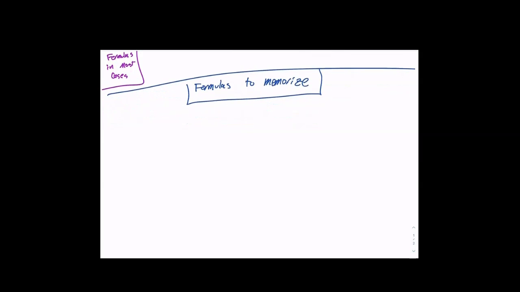All right. The most basic formulas that we need to use are for the rectangle, the square, which is really a rectangle in its own right, and the right triangle.